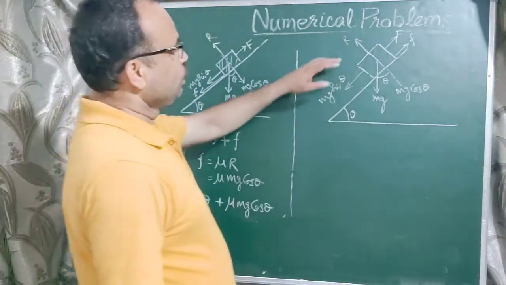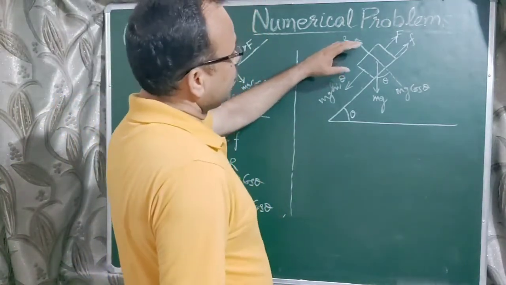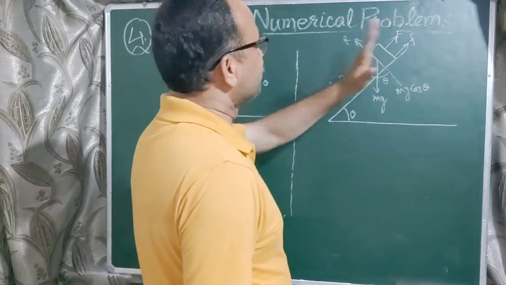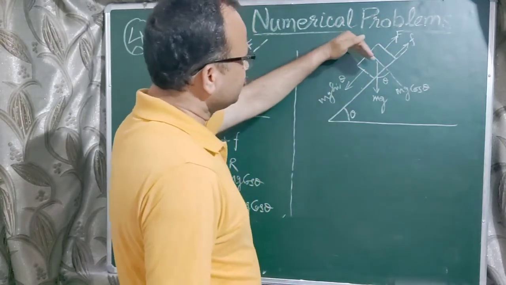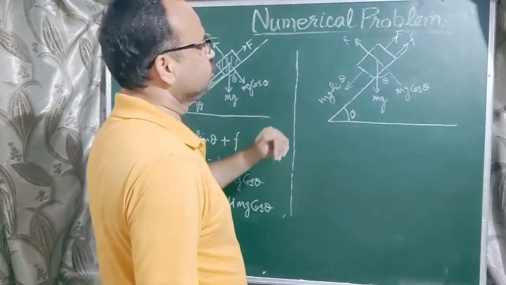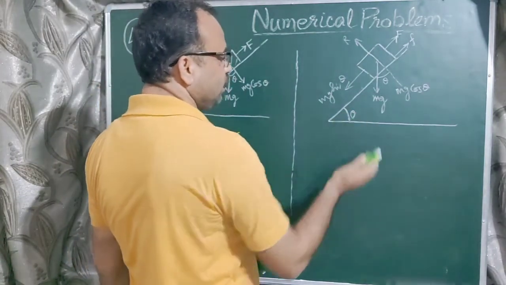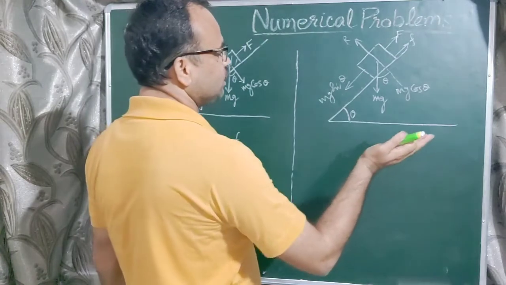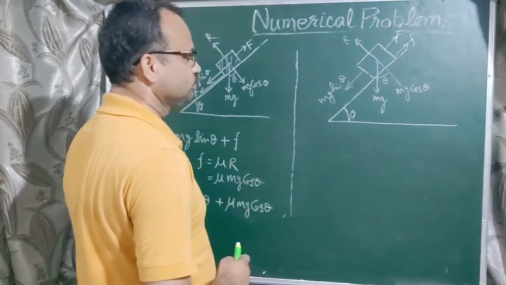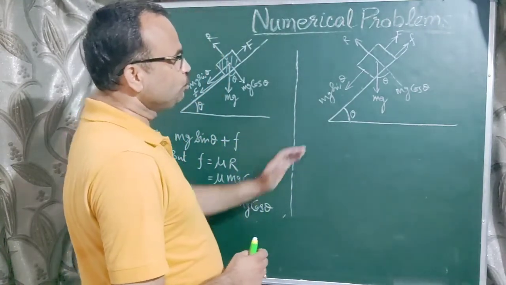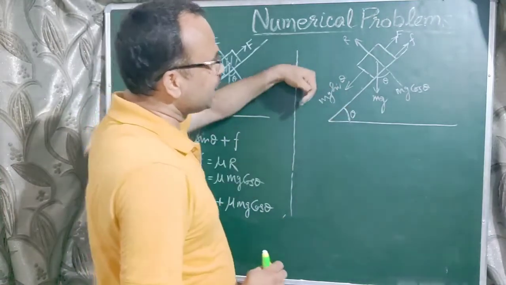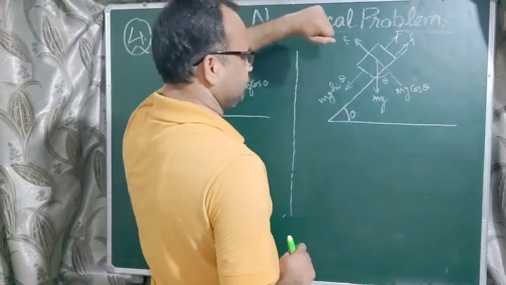Now in this figure, the body is placed on the inclined plane and the body slides down. It means this angle theta is greater than the angle of repose. So to prevent sliding down, we have to apply a force in the upward direction.